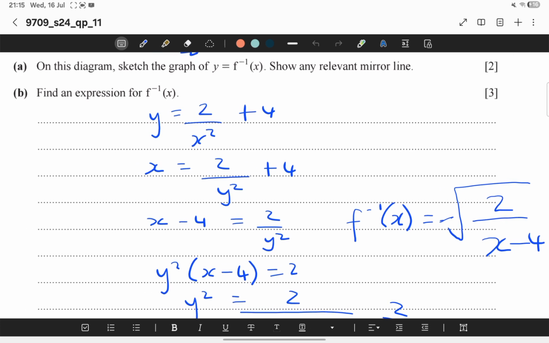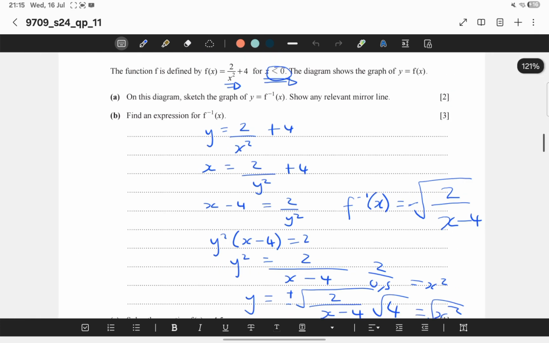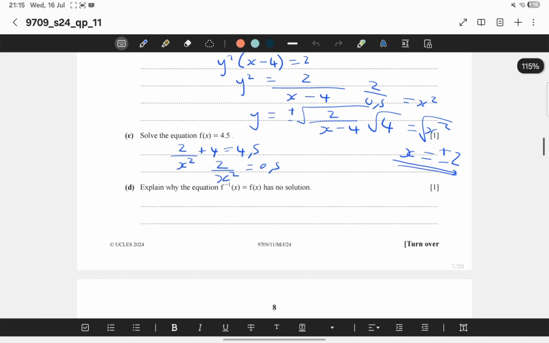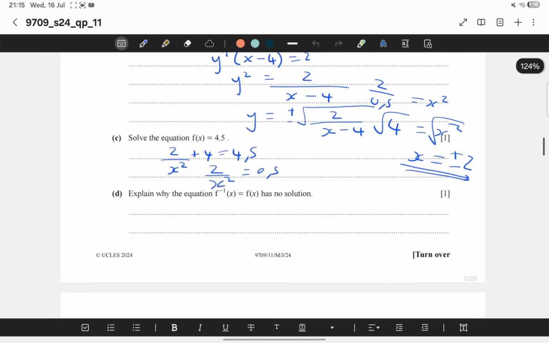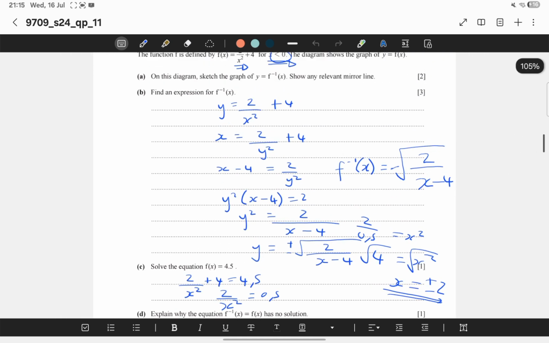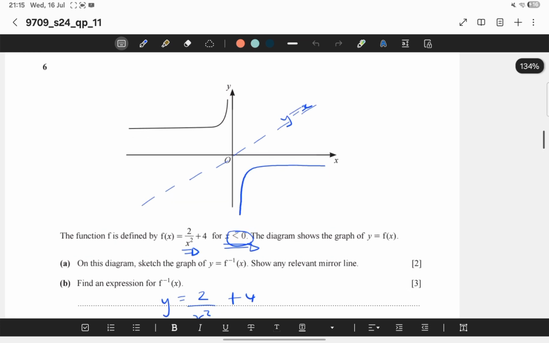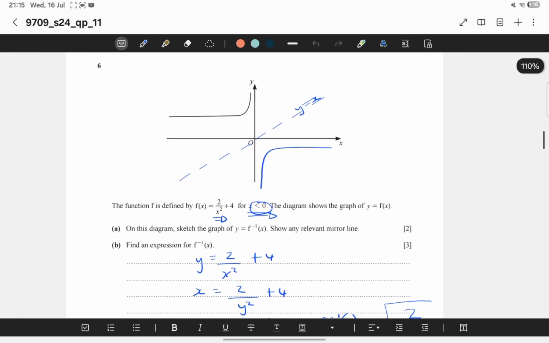So it's minus the square root of 2 over x minus 4. That means all the values of the inverse are negative. So the two will never meet. So that's the explanation that you need to answer part D. Right? And that's it for number 6. I hope it was clear enough.